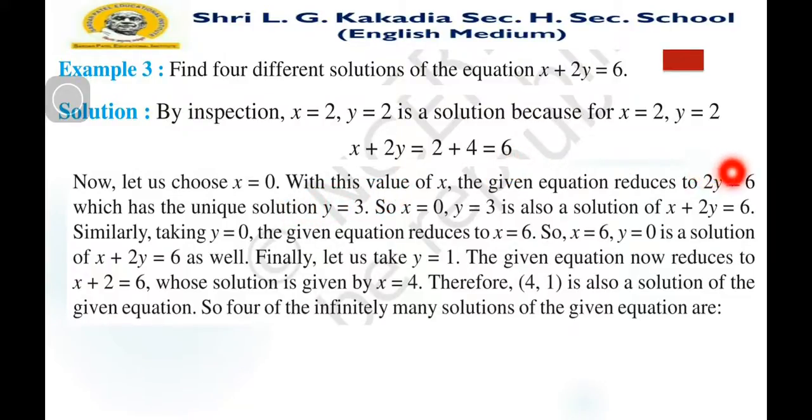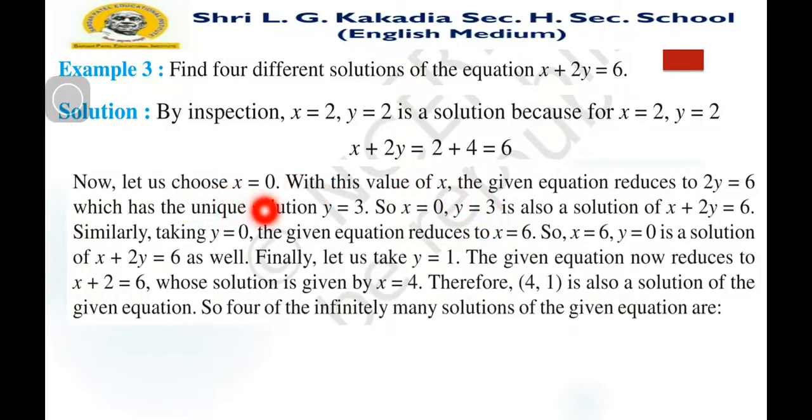As we know that 2y is equal to 6, then y is equal to 3. So x is equal to 0 and y is equal to 3 is also a solution of x plus 2y is equal to 6. It is a unique solution. 0 comma 3 is also a solution of the given linear equation.